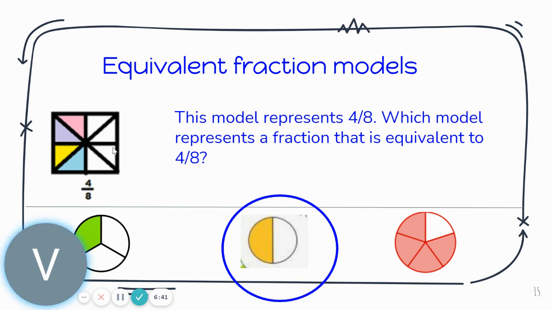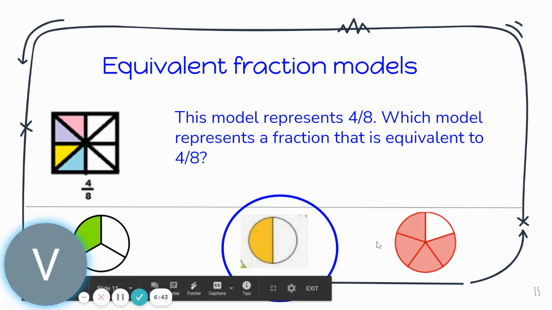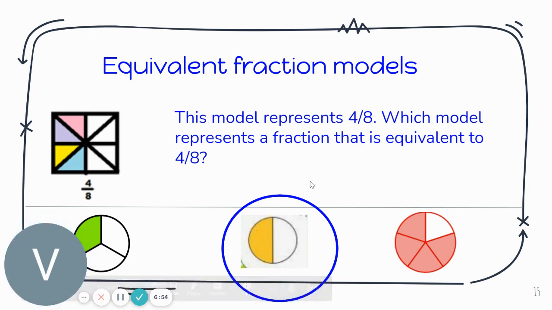So that is 4/8. Even though we do not have any fractions that are cut into 8 pieces, we can look for another fraction that covers half, and that is our 1/2 right here. And if you remember from the beginning, we talked about that 4/8 is equal to 1/2.